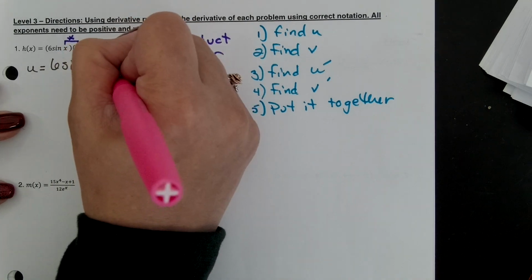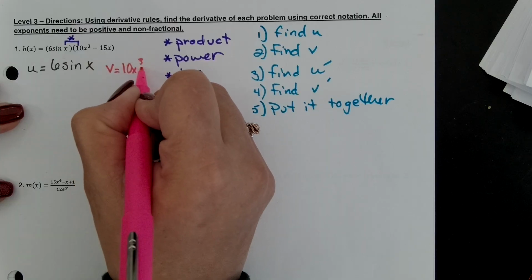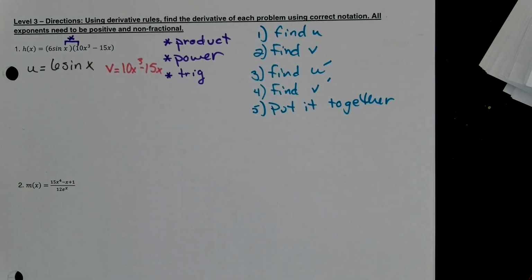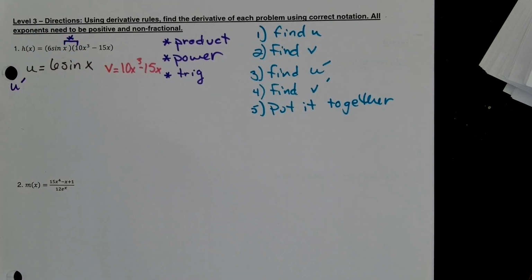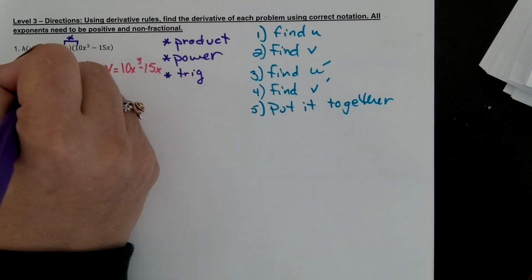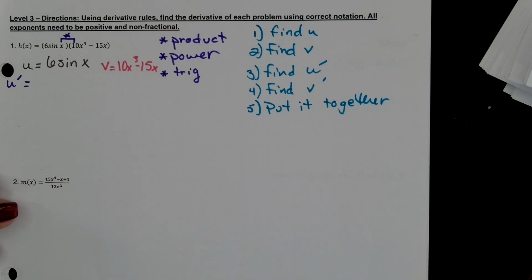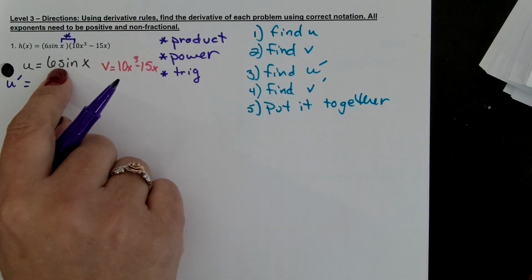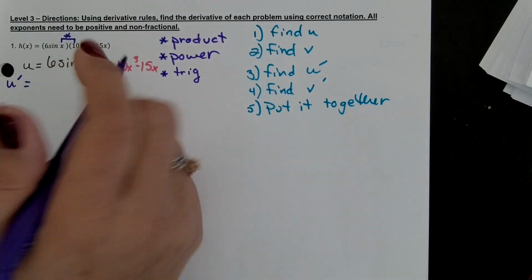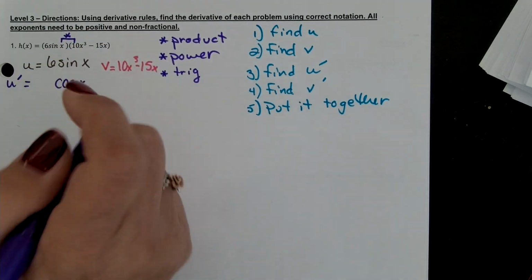What's V? We need to stop talking while I'm talking. So we have 6 sine of x. What does sine become? Cosine. Does the number change? No.